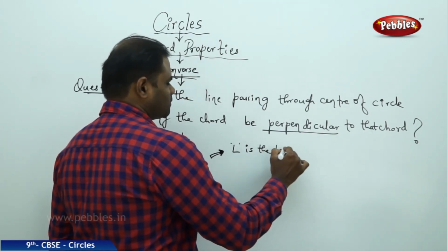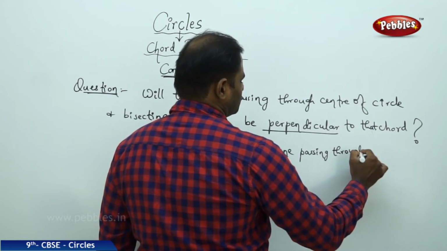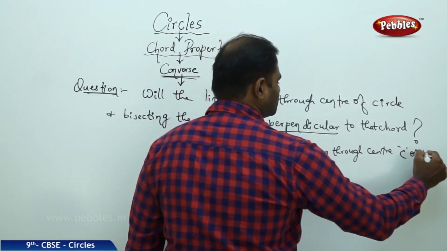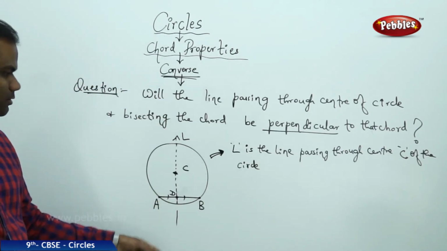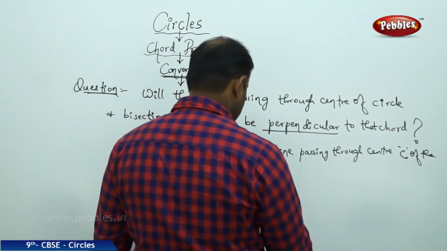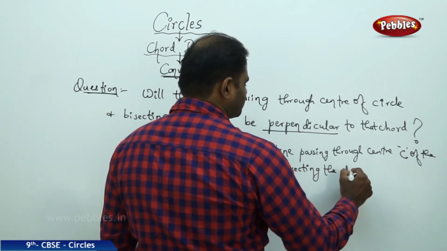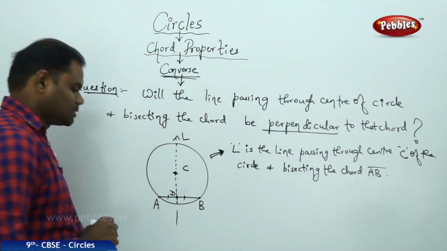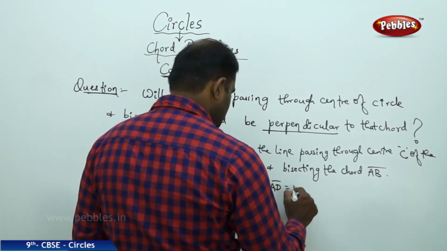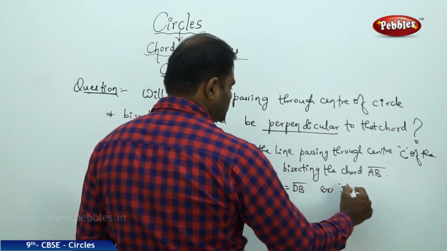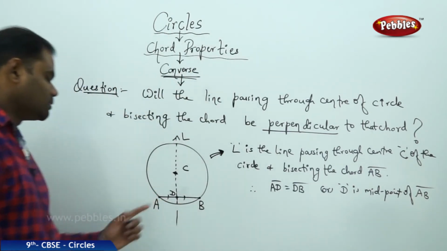L is the line passing through center C of the circle and bisecting the chord AB, that is exactly cutting the chord at midpoint D. Therefore, AD equals DB, or D is the midpoint of AB. Here is the chord AB.